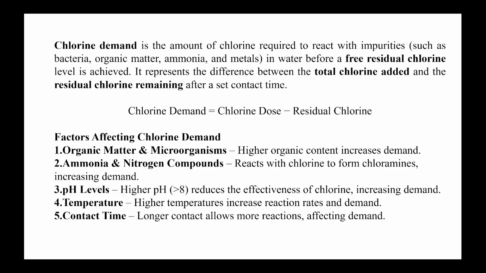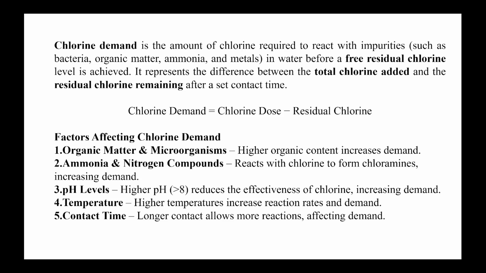Basically it is the chlorine dose that is given to the water. Let's say I have added 2 mg per liter of chlorine to the water, and the chlorine has completely reacted with all the impurities, that is bacteria, organic matter, ammonia, whatever is there in the water. It has reacted with everything, and now the remaining chlorine is the residual.